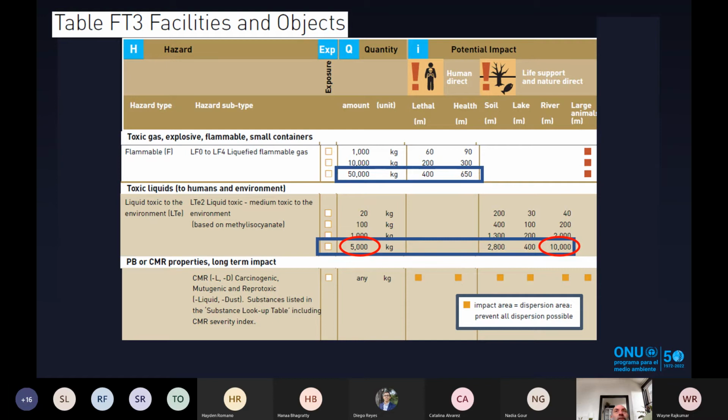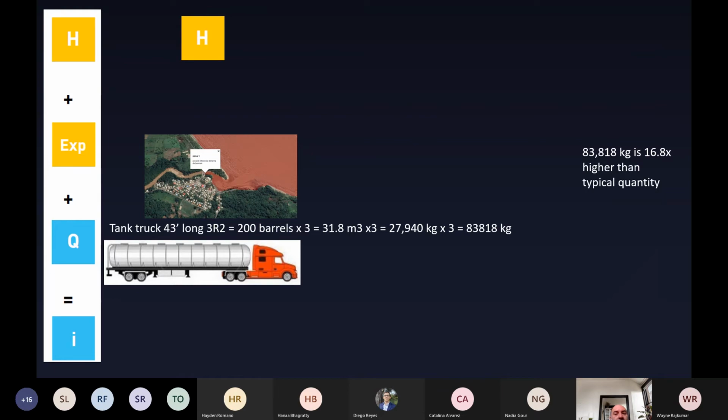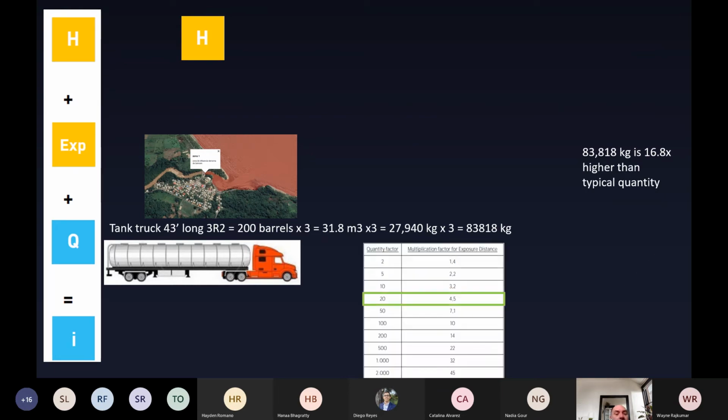If I divide the 83,000 kilograms by these 5,000 kilograms, it gives me a 16.8 factor, which is higher than the typical quantity.